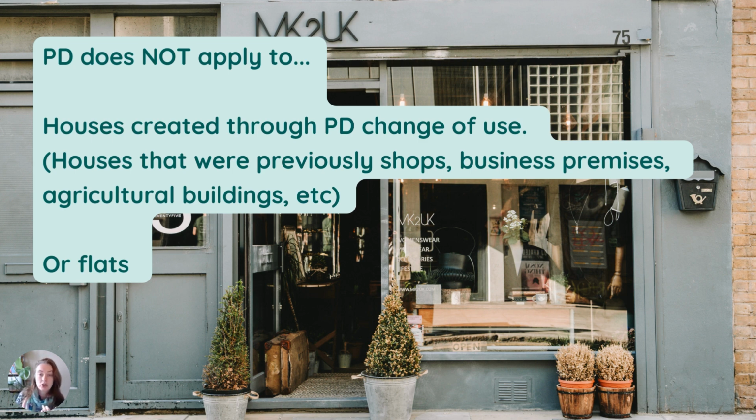And that includes shops, business like offices, some agricultural buildings, and various other property. So in certain situations, you are allowed to, within permitted development, change the use of those buildings into residential. And permitted development also does not apply to flats.